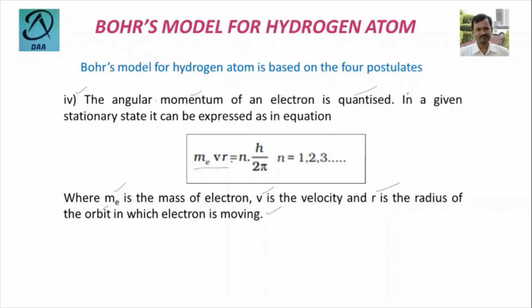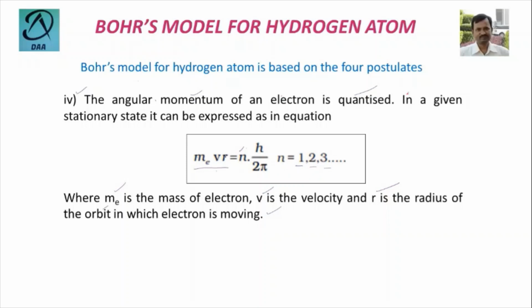So mvr is equal to n h by 2 pi, as per Planck's theory, because it is quantized. Here h by 2 pi has a fixed value, because h and pi are both constants. And n is a whole number: 1, 2, 3.